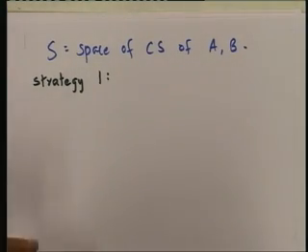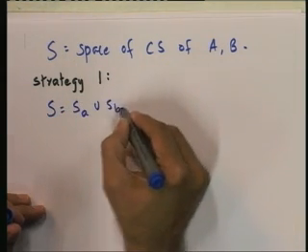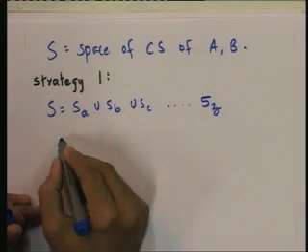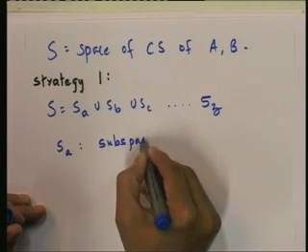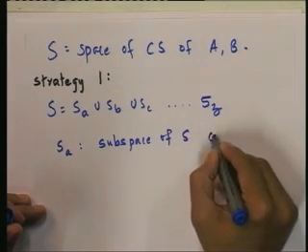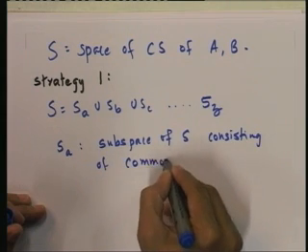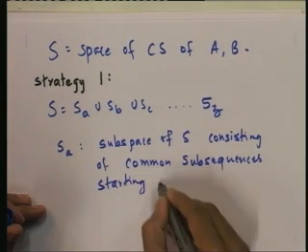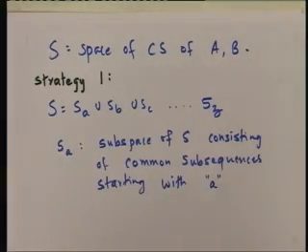So, one idea might be that I will partition S as S sub A union S sub B union S sub C all the way till S sub Z. The idea is that S sub A is the subspace of S consisting of common subsequences starting with letter A. S sub B will be elements of S which start with the letter B. S sub C will be the elements of S which start with the letter C, and so on.